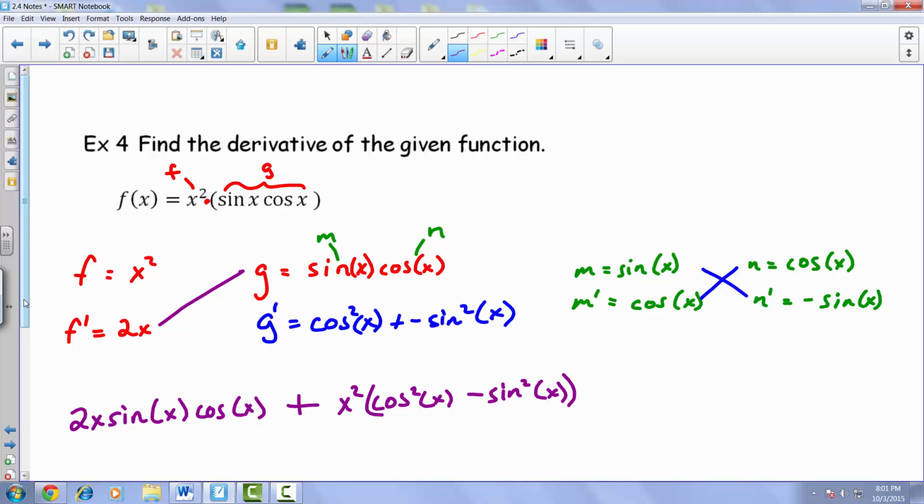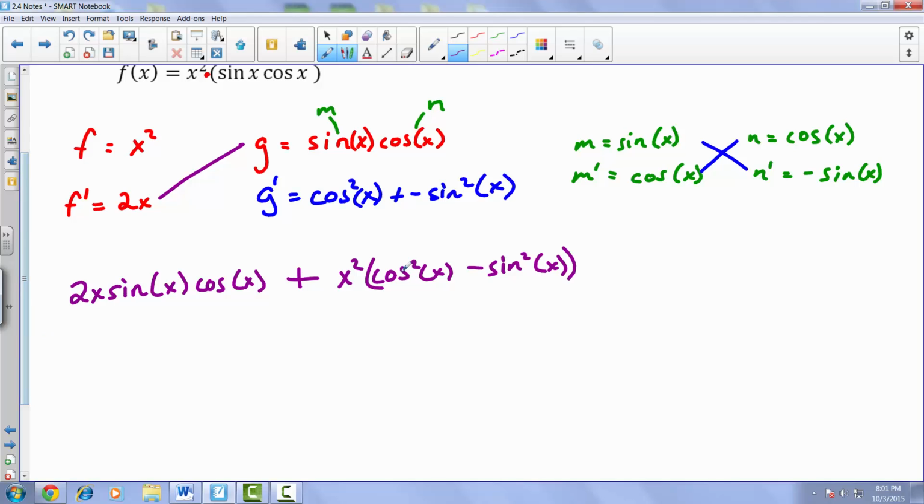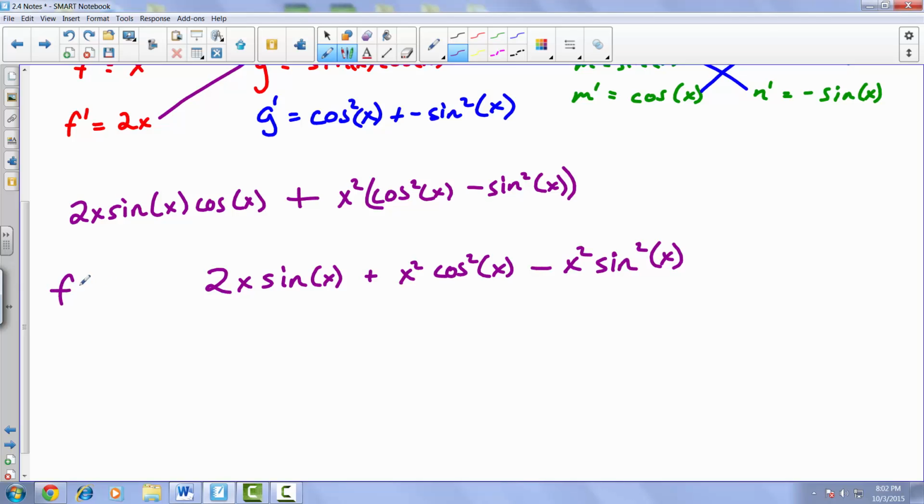And if you wanted to, you could even then distribute this x squared into both items. So then you'd end up with 2x sine of x cosine of x plus x squared cosine squared of x minus x squared sine squared x. And again, this would be our final derivative.